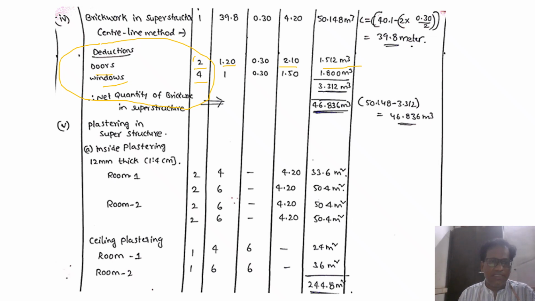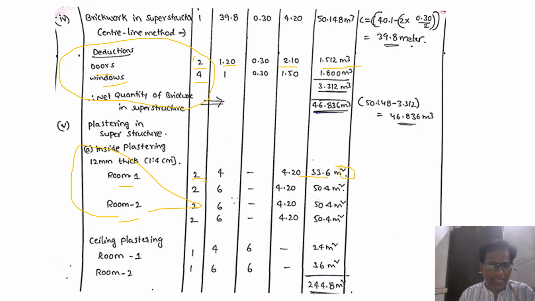Now let us discuss plastering. As you know, for inside plastering we generally have 12 mm thick plastering. We have two rooms here, room 1 and room 2, with their respective inside walls. The dimensions we know, so do this calculation. It is a very simple calculation: multiply with the number and you will get the answer in square meters.